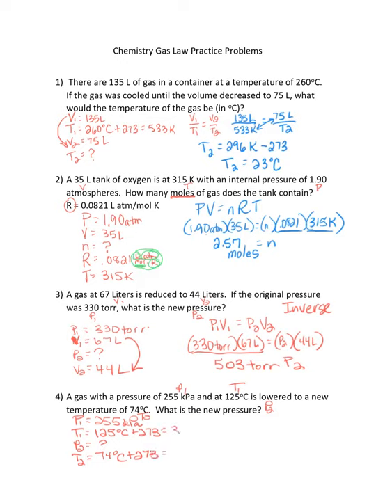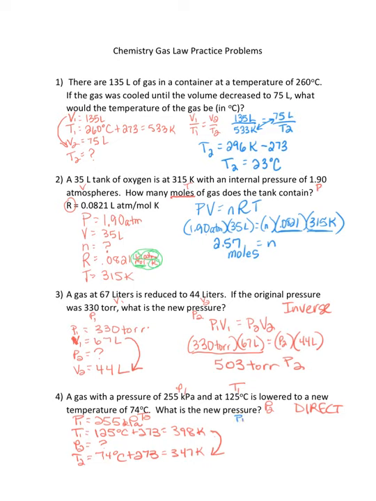That gives me 398 and 347. So because pressure and temperature are directly related, if temperature is lowered, that means pressure should also be lowered. So if it was 255, it should be lower than that once we're done. So let's double check that.